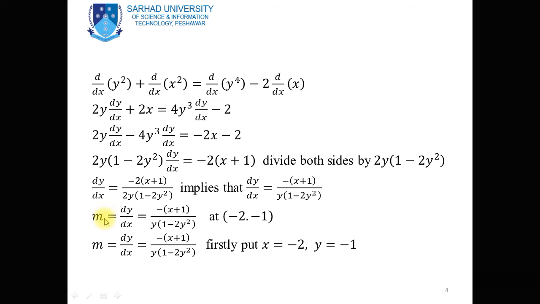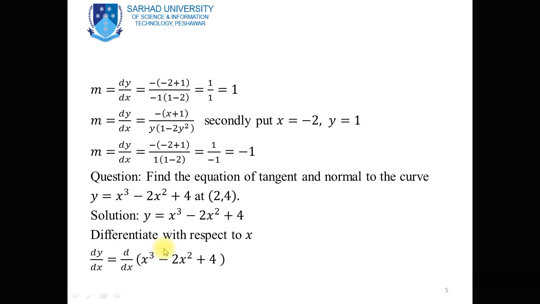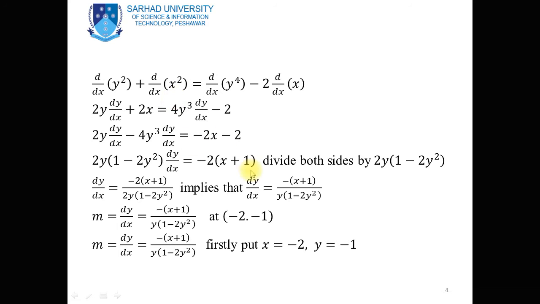Now this slope is represented by m, and m is equal to this slope at the point (-2, -1). Putting x naught equal to minus 2 and y equal to minus 1 in this expression, we obtain the derivative: m is equal to dy by dx is equal to minus (minus 2 plus 1) divided by minus 1 into (1 minus 2 into (minus 1) whole square).